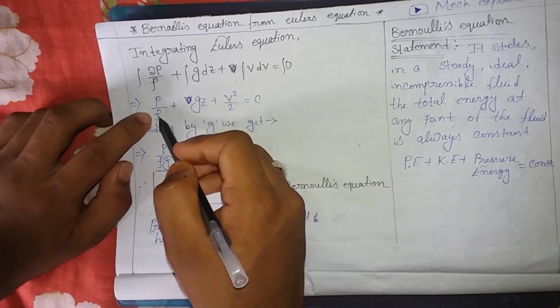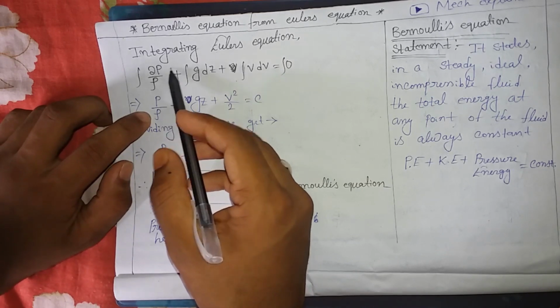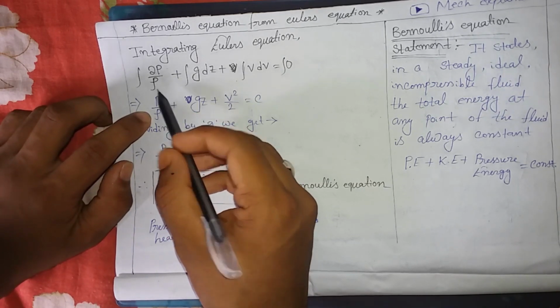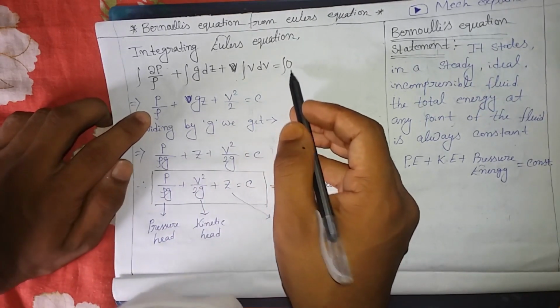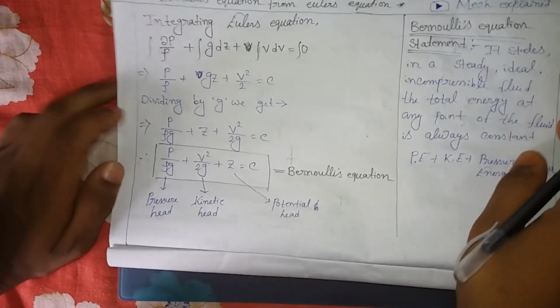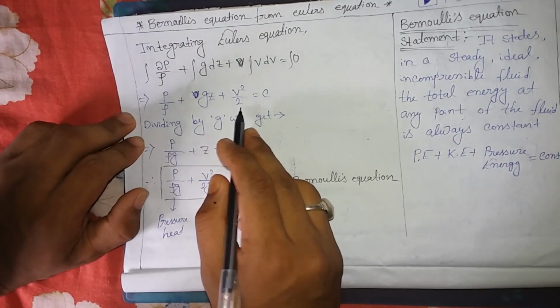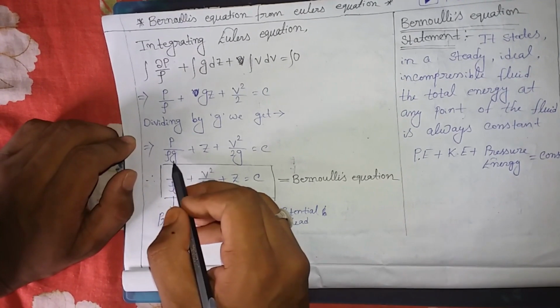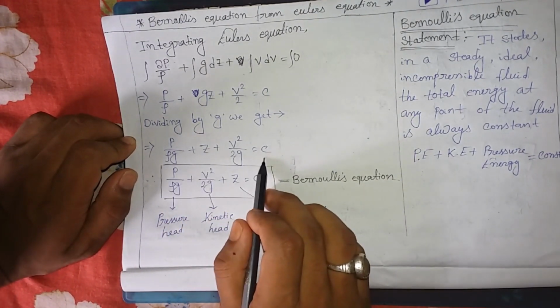Rho is constant, so we are not integrating rho; del p changes to p, but rho is the same. And integration of 0 is a constant. Now we divide this equation by g. We get p by rho g plus z plus v square by 2g equals constant.